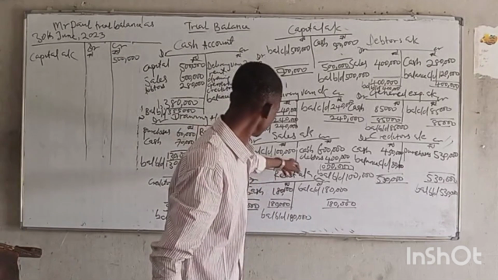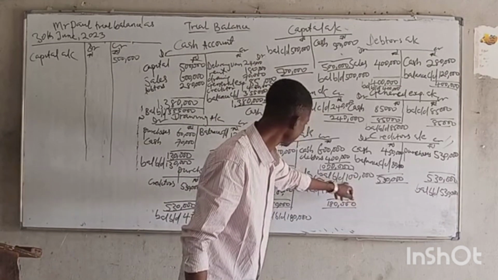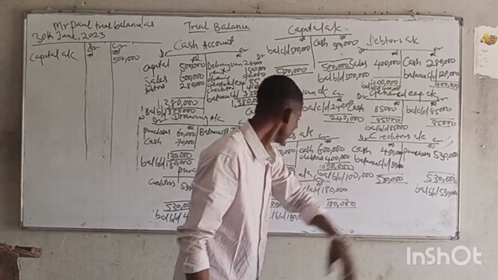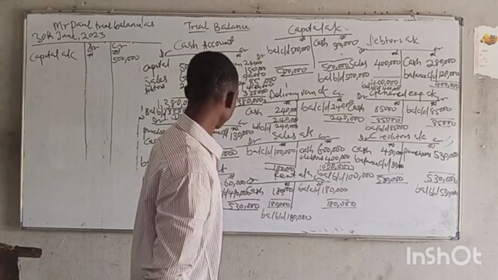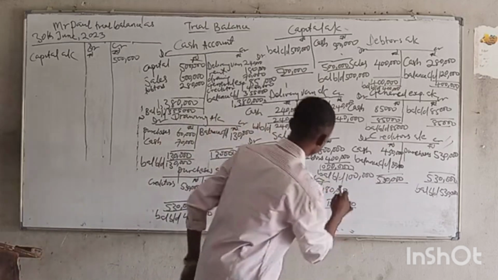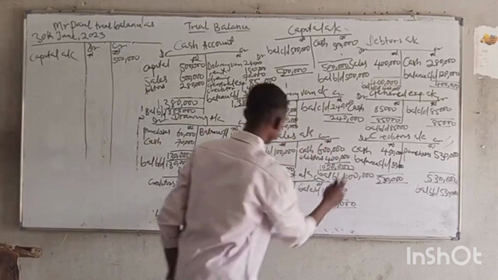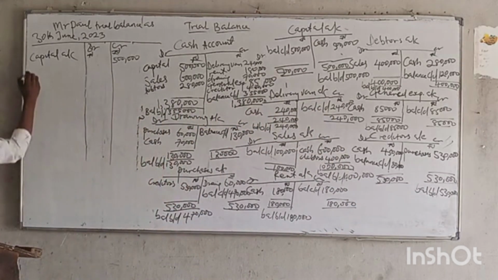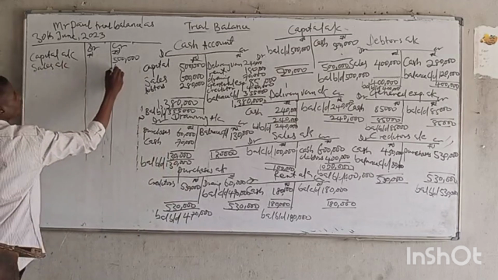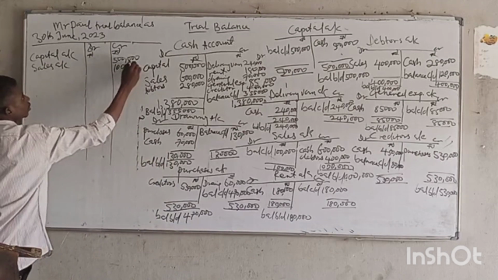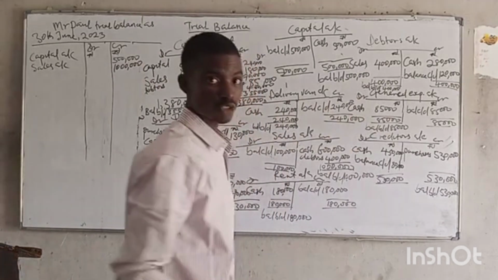If you check the transaction, you can see that the balance brought down falls under the credit side, showing that it has a credit entry, and the figure is 1 million. So we now say sales account, 1 million.